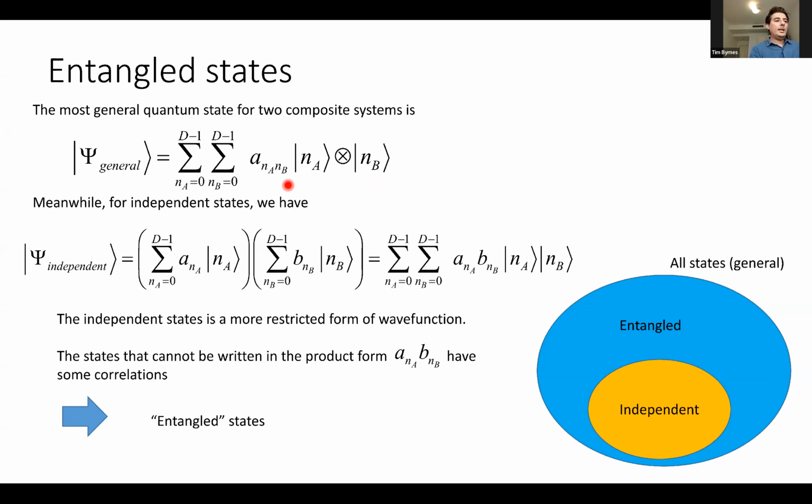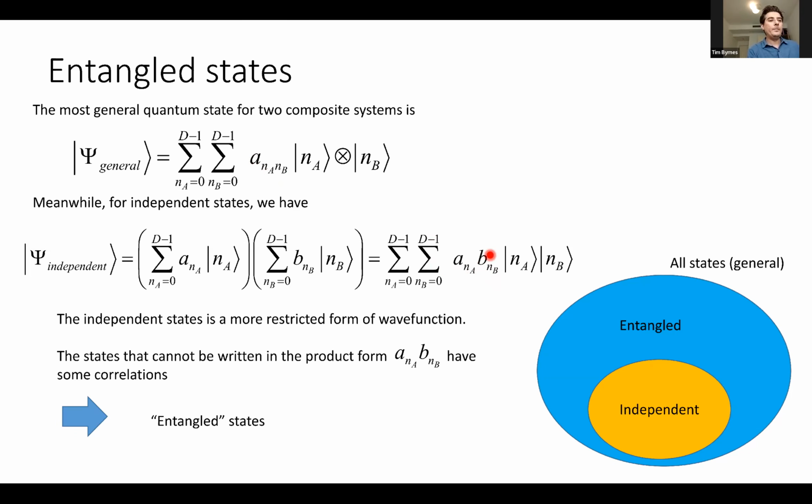Now, an independent state is always of a product form like this. If you have a state on A and a state on B, and you take a tensor product, it has a more specific structure. This thing here is totally general, so any state can be written like this. You can have a particular case where it's like this, but the other way is not true.